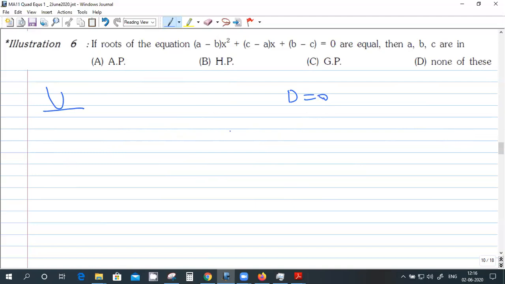So what is the discriminant? B square, right? Yeah, so (C minus A) whole square minus 4(B minus A)(B minus C).